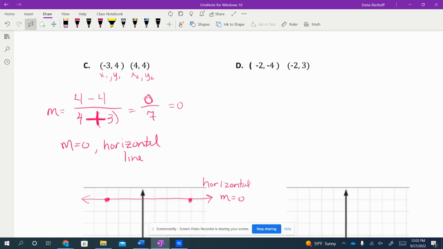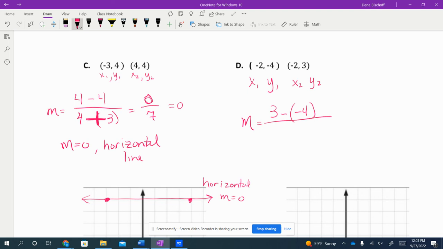So I'm going to label my points again, x1 and y1, x2 and y2. All right, Gavin, what's y2? What is y2? 3. Thank you. Minus Naya, what is y1? Yes, ma'am.